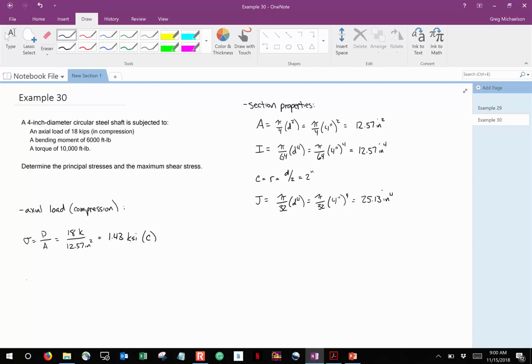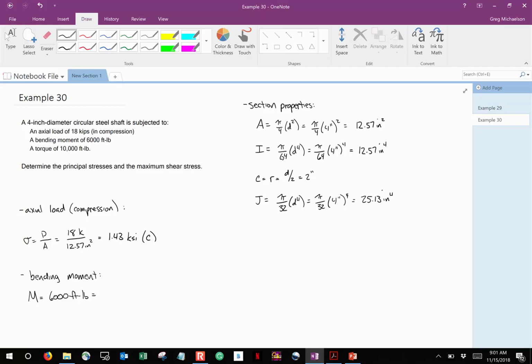Okay. Now, next is our bending moment. Right off the bat, we have a bending moment of 6,000 foot-pounds. Before we do anything, I'm going to convert that into inch kips, because my axial stress is in KSI.